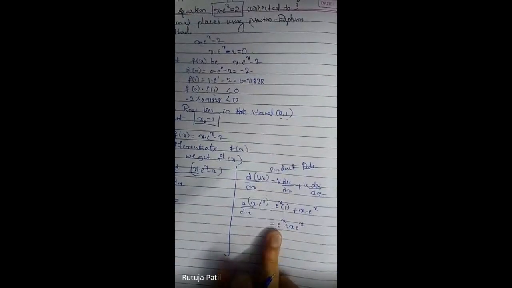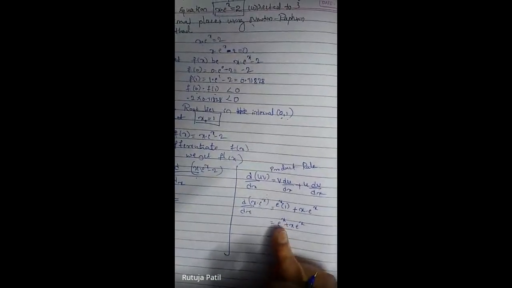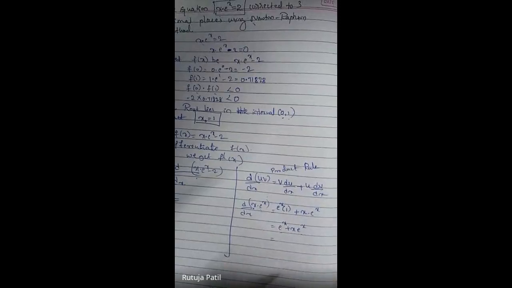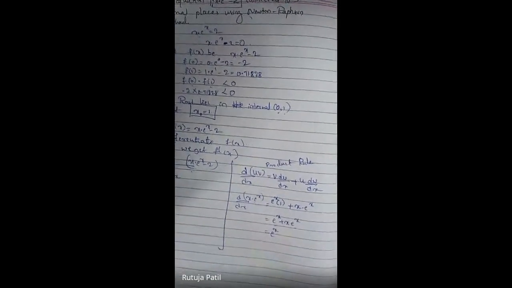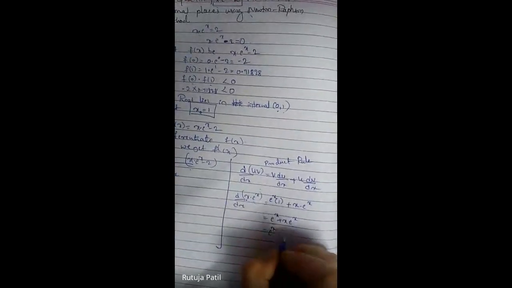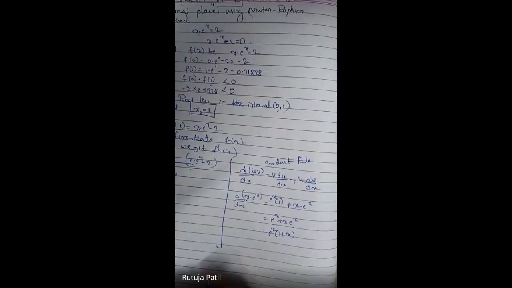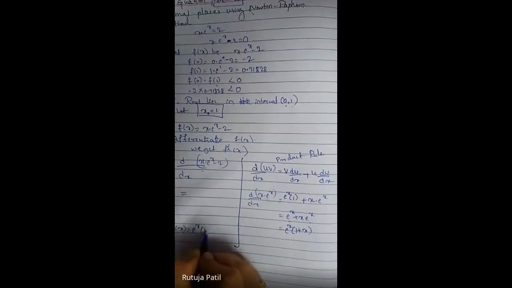So I can further simplify this by taking e to the power x outside, since e to the power x is common. What I'm left with is 1 plus x. So this is the required f dash of x. Now I got f dash of x as e to the power x into 1 plus x.